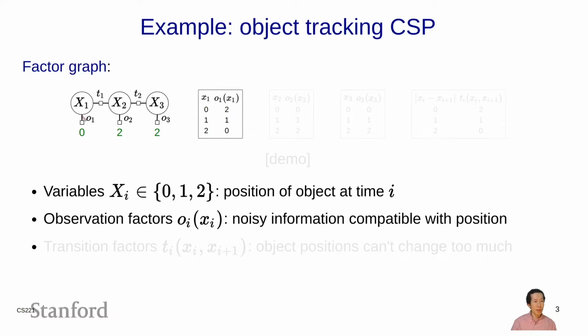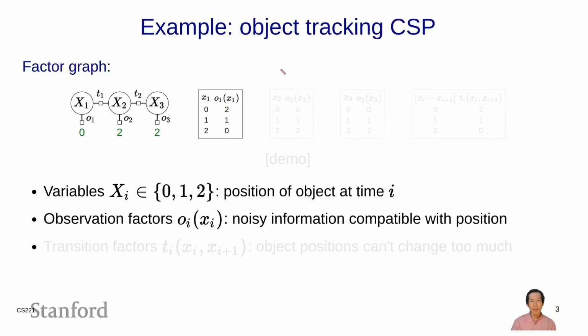So O1 is going to be a unary factor that depends only on x1, and it's going to highly favor assigning x1 to 0, which is the actual observation. But if x1 is at 1, which is a neighboring location, that's going to have a weight of 1. And if the object is too far away, at 2, then I'm going to say that's disallowed. So whenever you see a 0 weight, a factor returning 0, that's saying that's a veto.